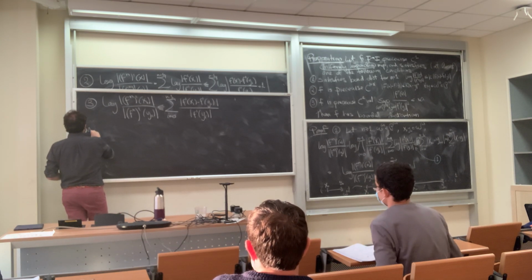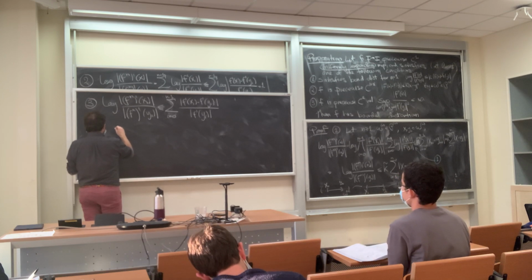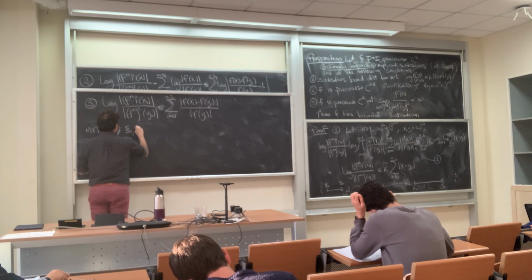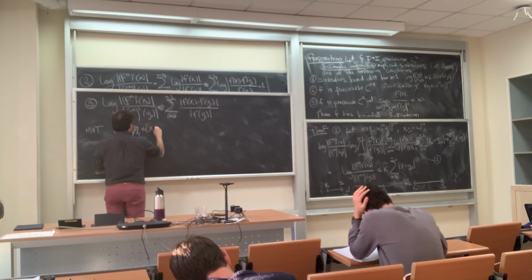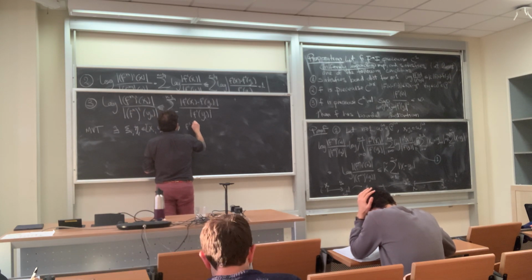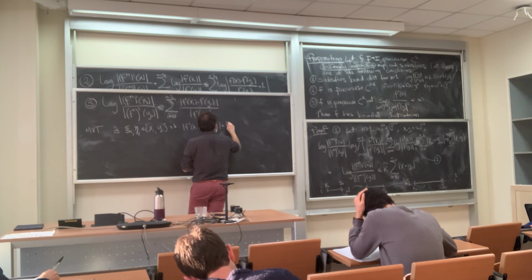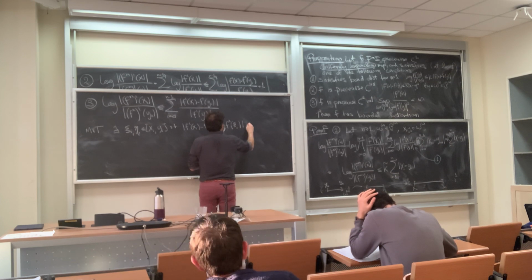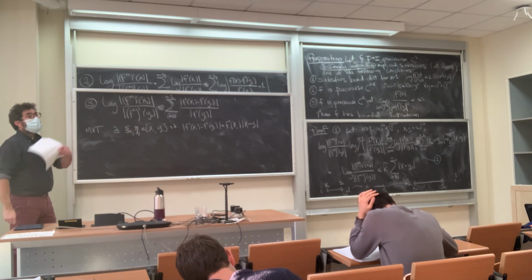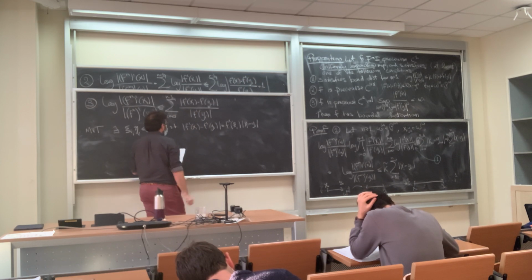The mean value theorem for the first derivative tells us that there exist two values, xi and eta i, in the interval xi yi, such that f prime of xi minus f prime of yi is given by the derivative of the derivative at some intermediate point, which is the second derivative.